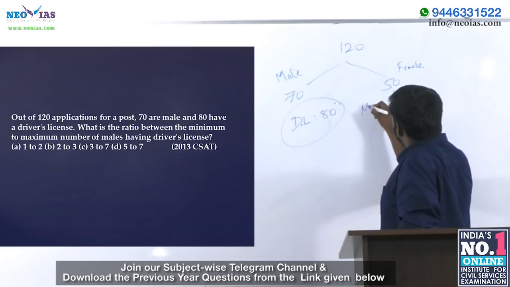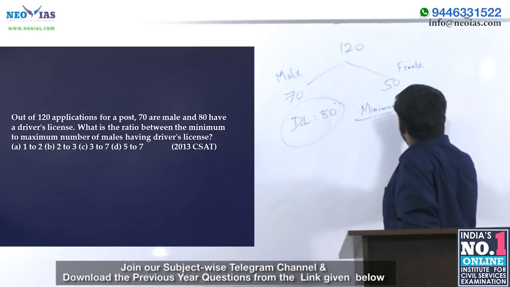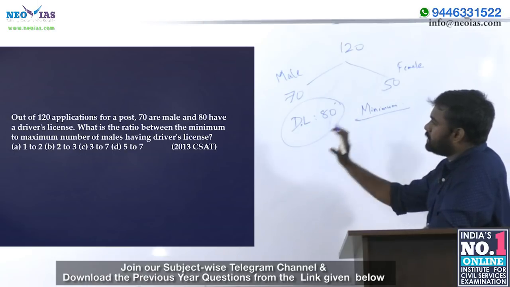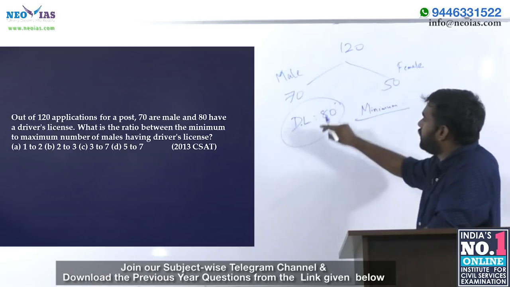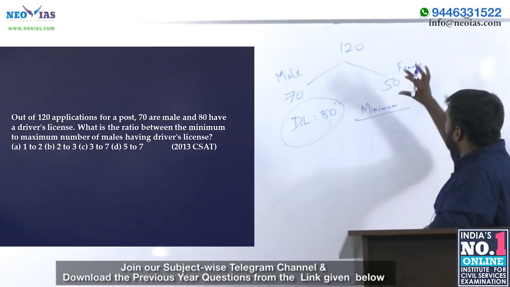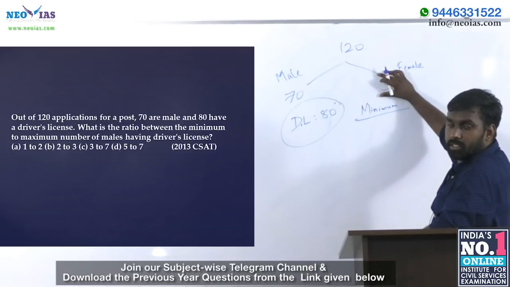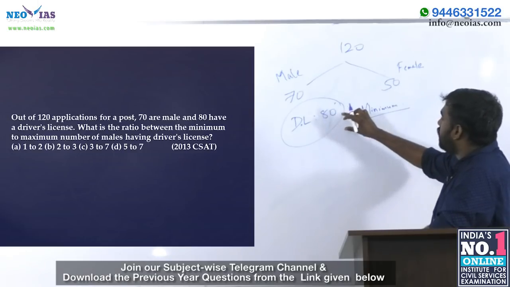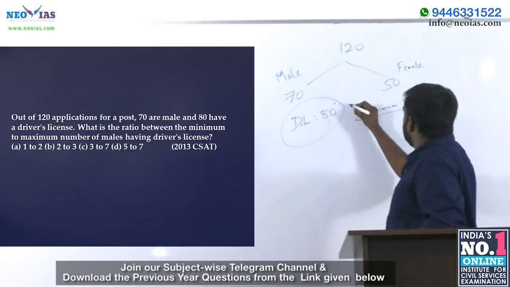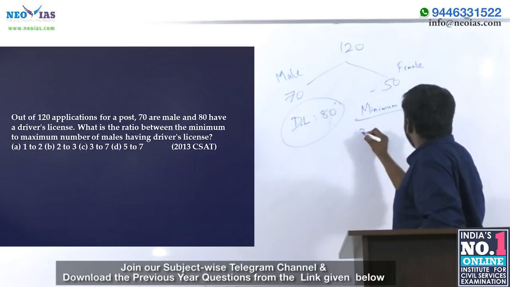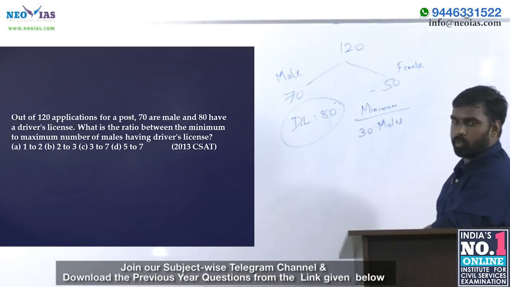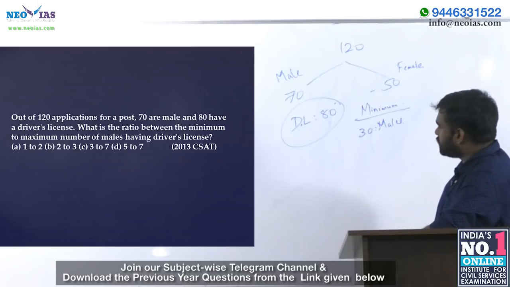So minimum number, that is the least possibility that males have driving license, is that all the females are having driving license, isn't it? If all the females are having driving license, what will be there? 80 minus 50, 30 will be the males who are having driving license, isn't it?